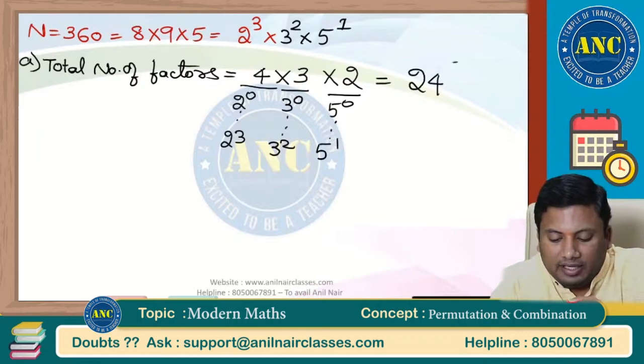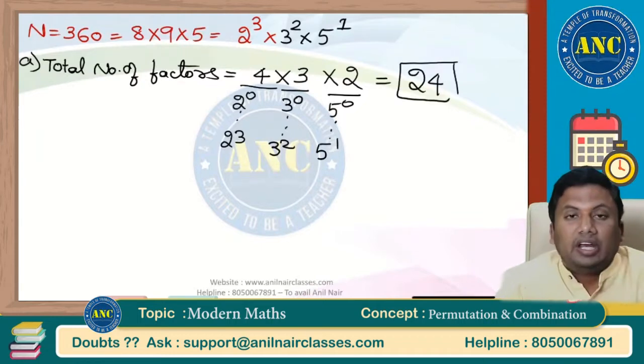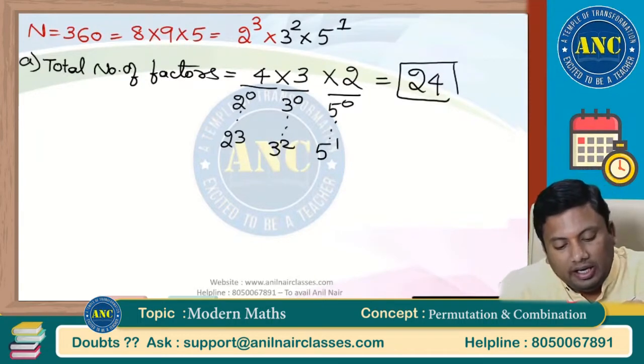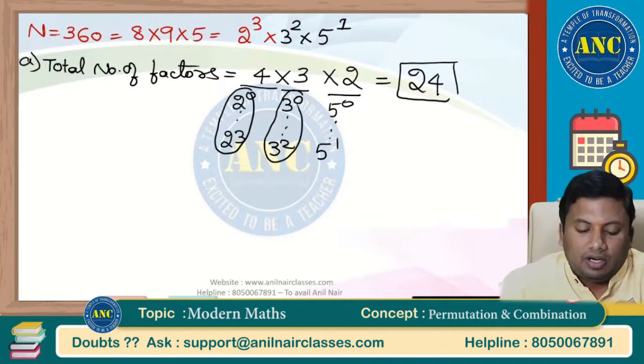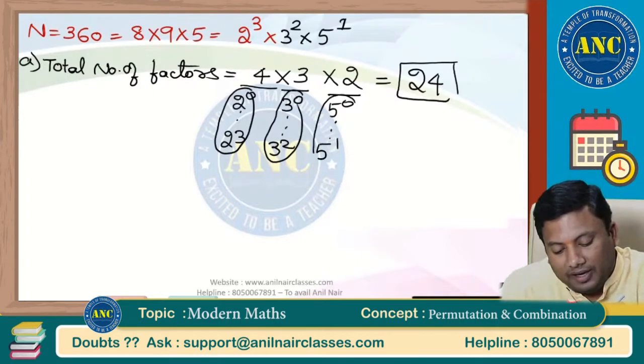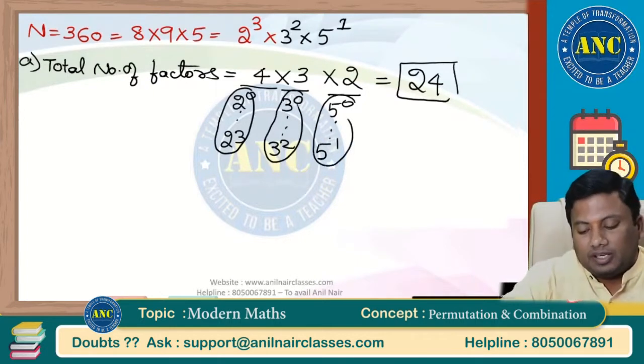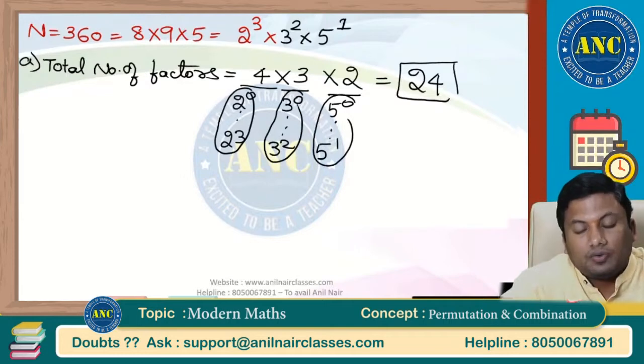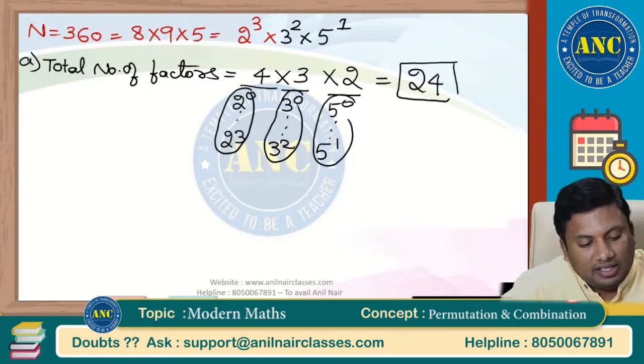Totally how many factors are there for this number? 24. Why is it a product? Because I take the power of 3 after I took the power of 2, and the power of 5 after taking the powers of 2 and 3. Total 24 factors are there for this number.